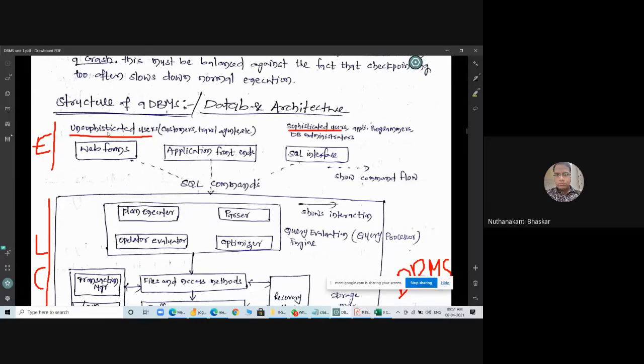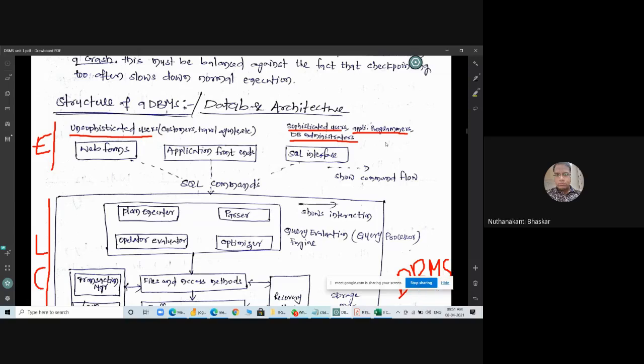Now understood? All of you understood? Yes, sir. Now one more category of users is there. Those are sophisticated users. The sophisticated users may be the application programmers you can call, or maybe the database administrators. So these are all sophisticated users.